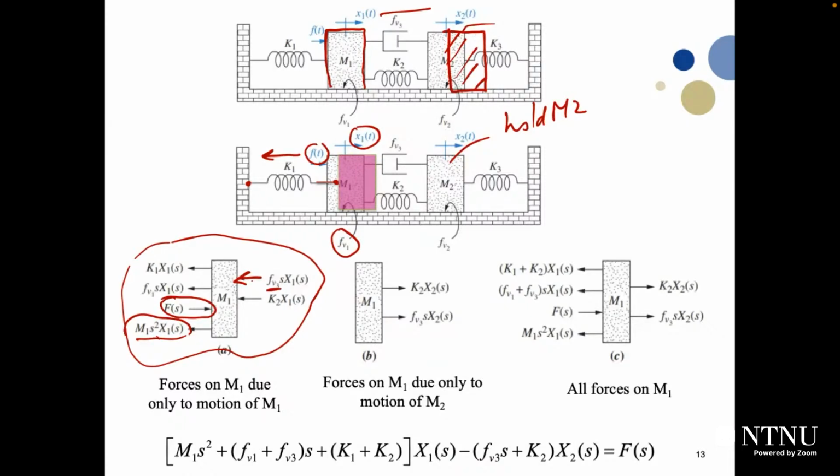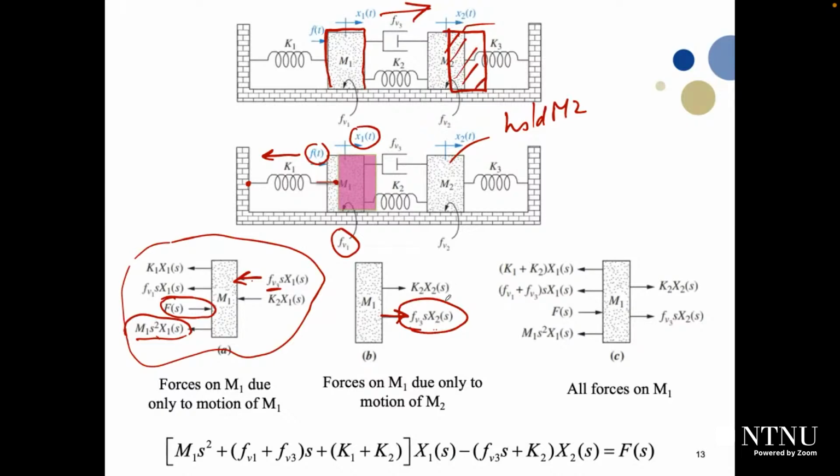It will generate a force acting in that direction, because it is connected to M1, so it will try to drag M1 to the right. So it will generate a force to the right, and this force will equal FV3 multiplied by s x2 of s, right? Because x2 of s is changed, but x1 of s is still 0. So it is proportional to the speed of M2. This force will be FV3 multiplied by s x2 of s.